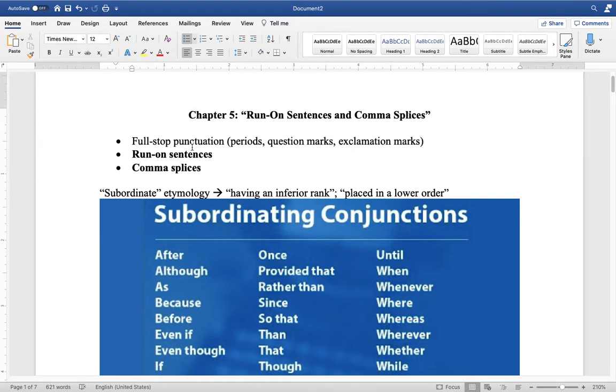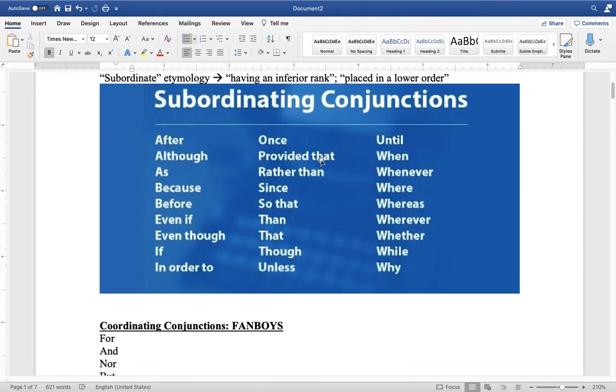So that's the only reason I wanted to include that, to provide that little caveat about what type of punctuation, full stop punctuation, you should be using between sentences, and that is the period. And obviously the other two major things this chapter talks about are in its title, run-on sentences and comma splices. So I will be talking about those two things.